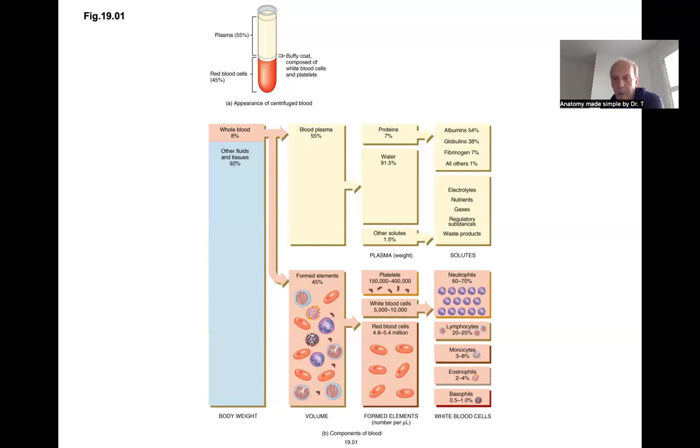And that same 1 cubic millimeter of blood would have an additional 4.5 to 5.5 million red blood cells, or erythrocytes. I didn't mention, but the total number of platelets in an average healthy adult should fall within the range of 150 to 400,000 thrombocytes per microliter of blood.